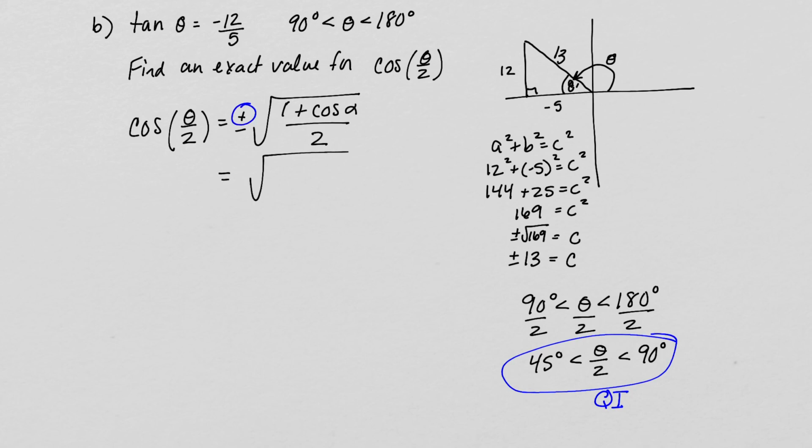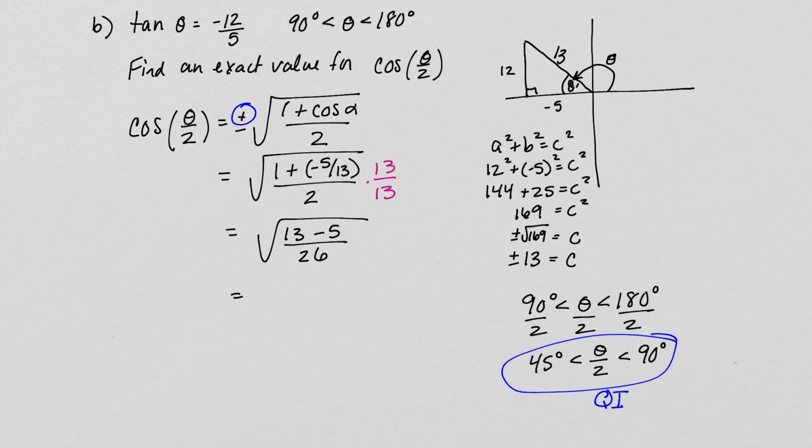So we're going to have the square root of 1 plus, so the cosine would be negative 5 over 13, all over 2. And again, I can multiply the top and bottom by 13. So we're going to get the square root of 13 minus 5 all over 26.